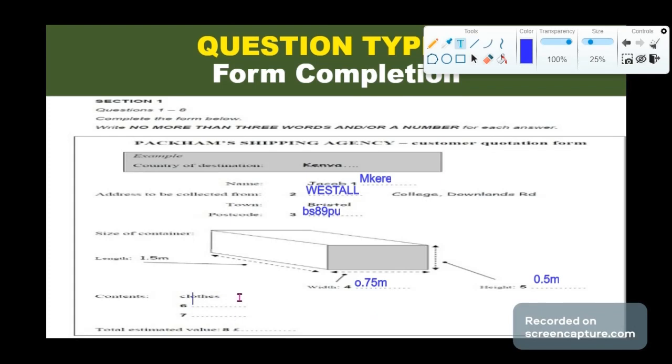Yes, there's mostly clothes and there's some books. Okay, good. Anything else? Yes, there's also some toys. Okay, and what is the total value, do you think, of the contents? Well, the main costs are the clothes and the books. They'll be about £1,500. But then the toys are about another 200. So I put down £1,700.